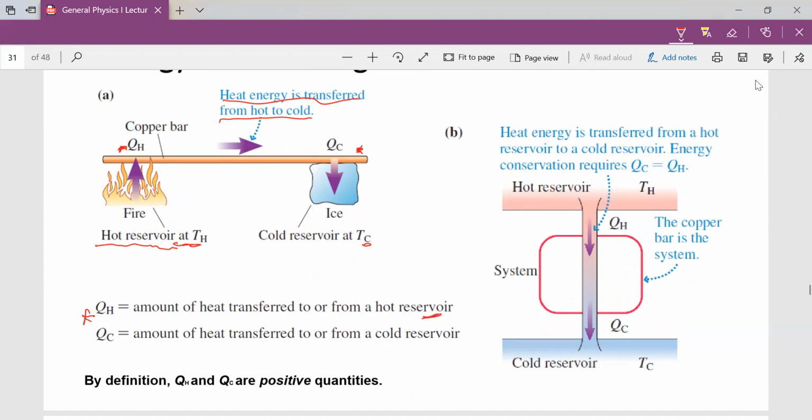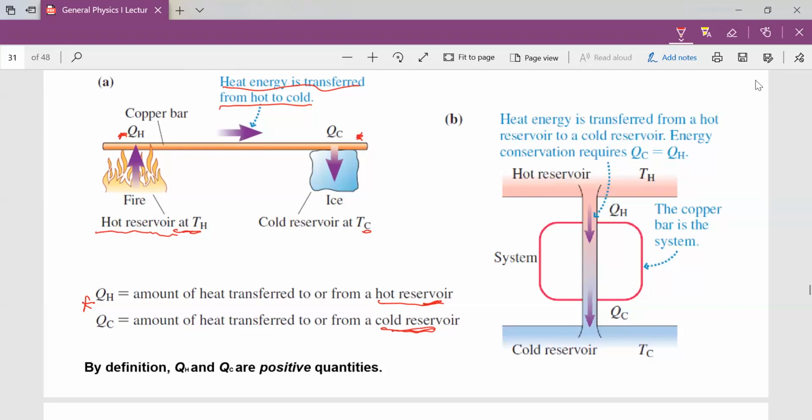It can be going into it, but QH means hot reservoir heat, and QC means cold reservoir heat. Okay, so we already know the definition of the science of heat, but by definition in this case, QH and QC remain positive.